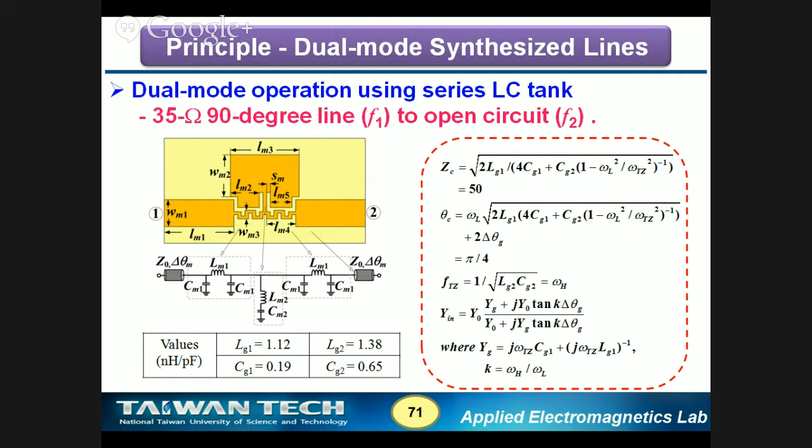And at the high frequency, we must have this series LC tank in resonance. This is the third condition. Upon resonance, we must have the input admittance equal exactly to 0, which means infinite input impedance.